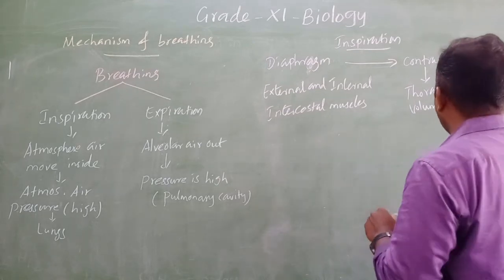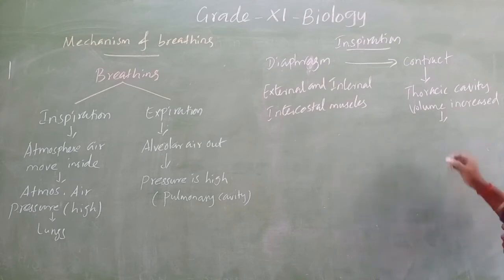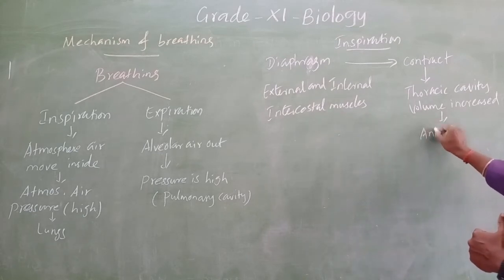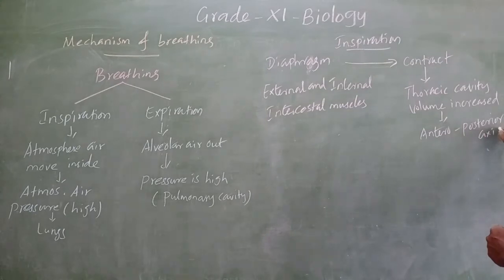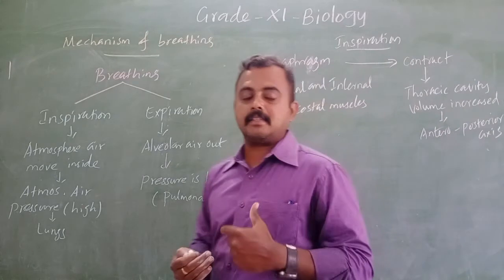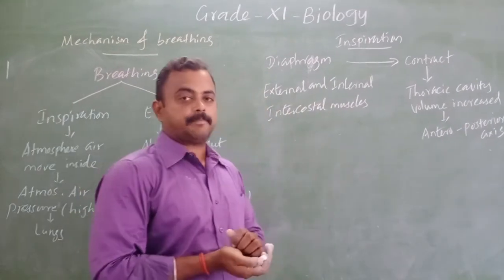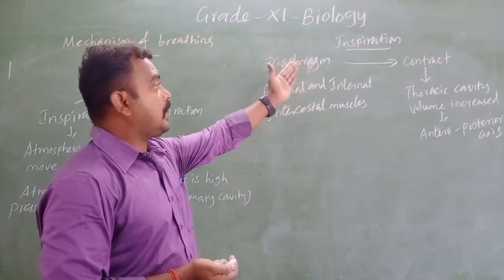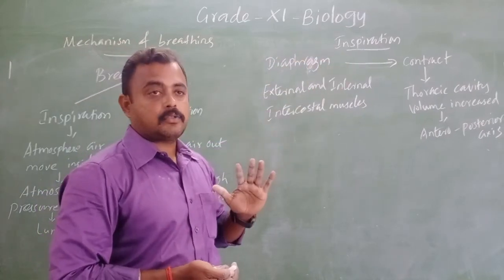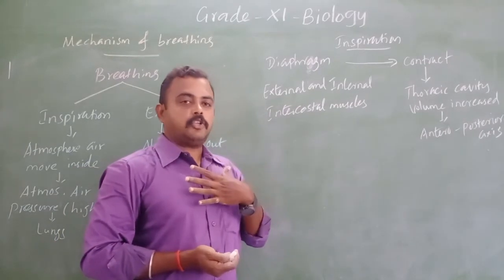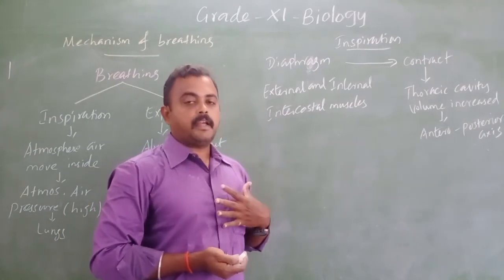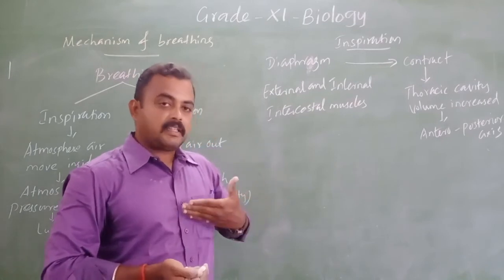The next, in what axis? In the anterior and posterior axis, the volume increases when the diaphragm contracts. So when we inspire, that means inhale, our chest cavity comes forward and our diaphragm moves downward.